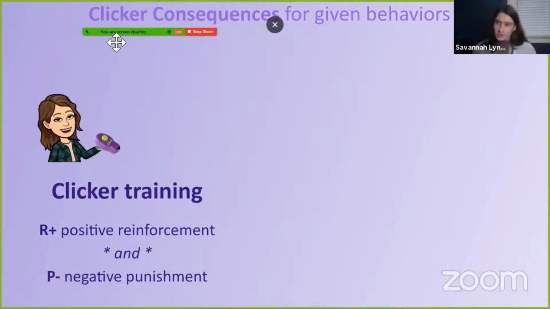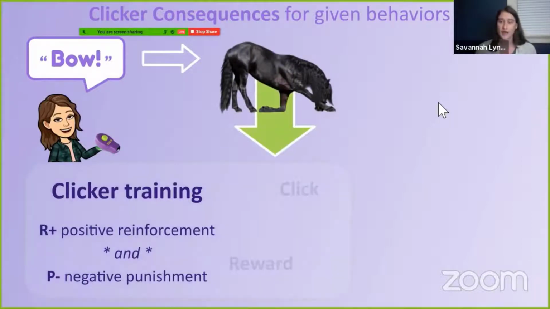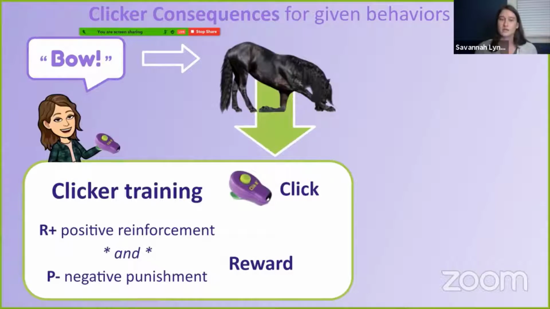So for clicker training specifically, we're going to be using a combination of positive reinforcement and negative punishment. Let's say I ask a horse to bow. If the horse bows, I'm going to use positive reinforcement. In this case, I'll give a click to the clicker, and then I will dispense a reward to the horse.